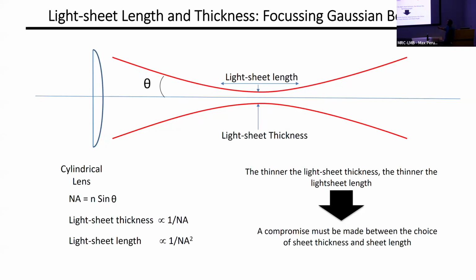So if you want a thinner light sheet to do a thinner optical section, then you end up with a shorter light sheet length. So you always have to compromise between choosing the thickness and the length of your light sheet. And once again, this applies generally to all of these types of light sheet microscopes.